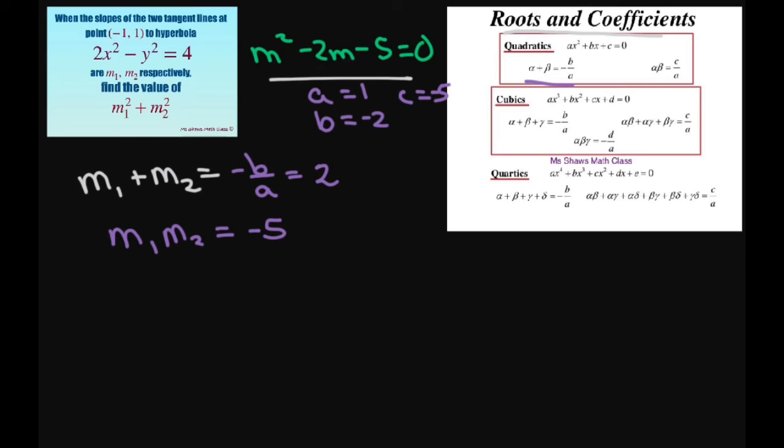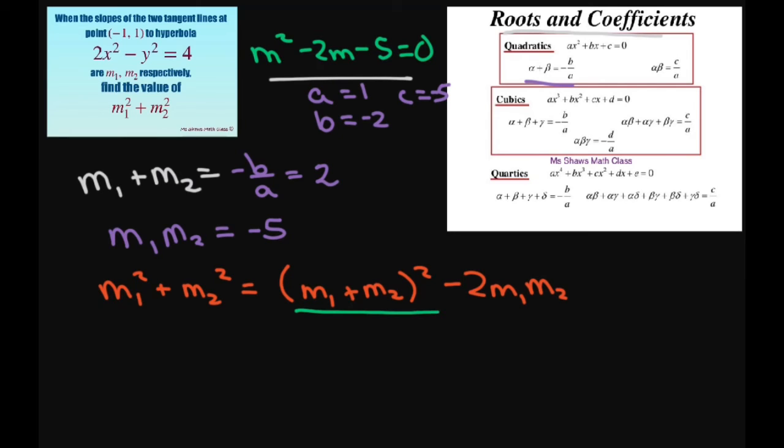Then we have our formula for m₁² + m₂², which equals (m₁ + m₂)² - 2m₁m₂. I did a video on this formula; if you square it out, we're just subtracting out the middle term. If you want to watch that video, you can.